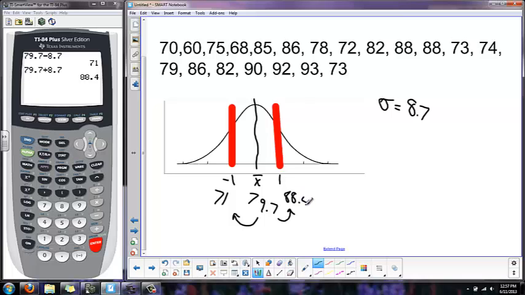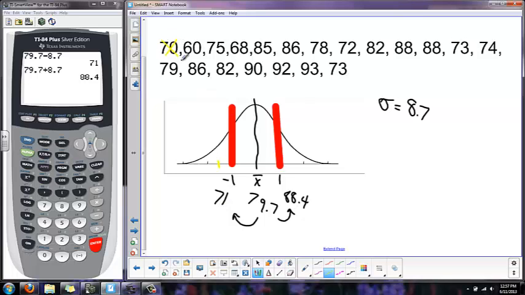So when the question says, what percentage of these students scored within 1 standard deviation of the mean, now we have those scores between or within 1 standard deviation. Now what we need to do is go through and highlight and figure out which of those scores actually are within 1. So this 70 does not make the cut because it's below 71.